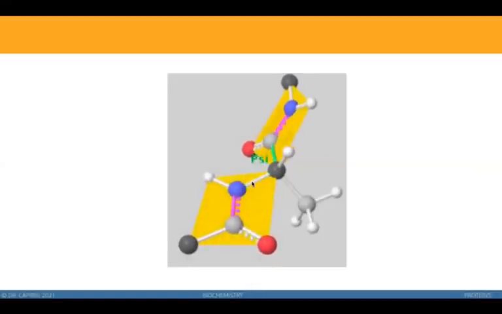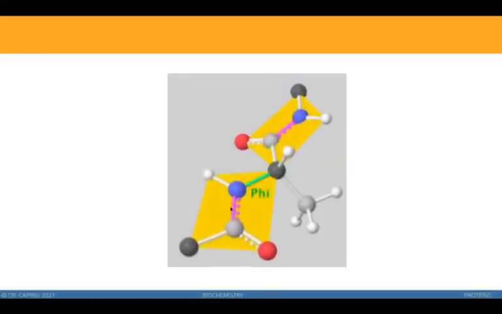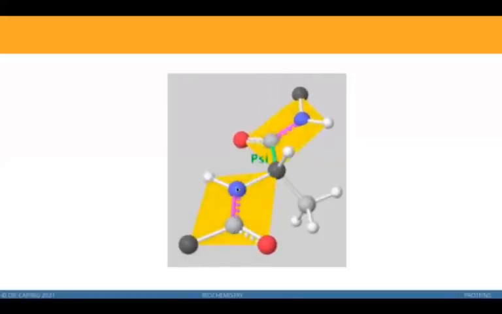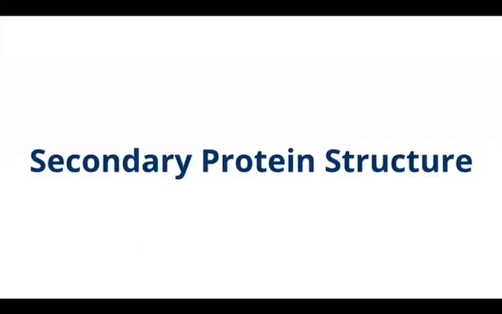So it is the one that rotates, and also emphasizing that the peptide bond, which is the bond between the carbonyl carbon and the nitrogen, is rigid. It has no rotation. And the reason why there's no rotation is because of the partial double bond character of the peptide bonds.